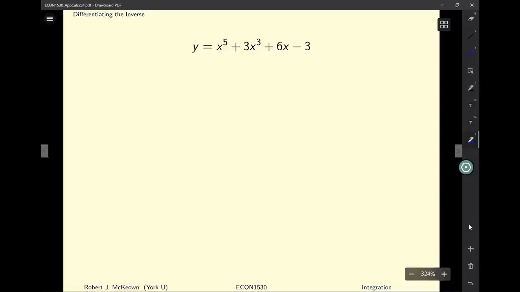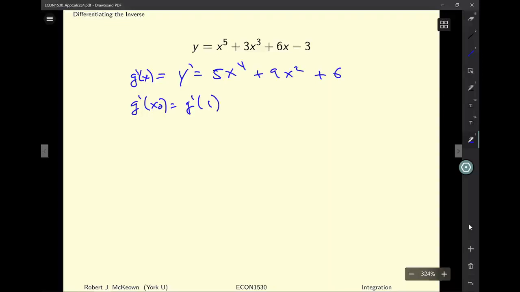So let's take the derivative of this thing with respect to x. We're going to get y prime is equal to 5x to the power of 4 plus 9x squared plus 6. And if I call this thing g prime of x, and I want to know what g prime of x naught is, when x is equal to 1, I'm going to get 5 times 1 to the power of 4, plus 9 times 1 squared, plus 6.